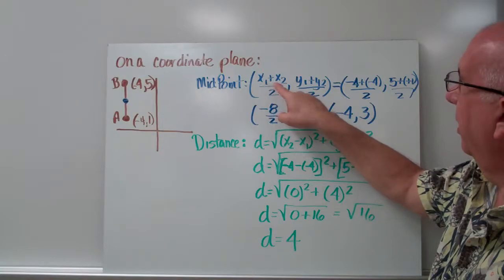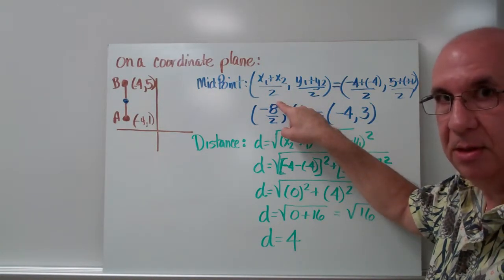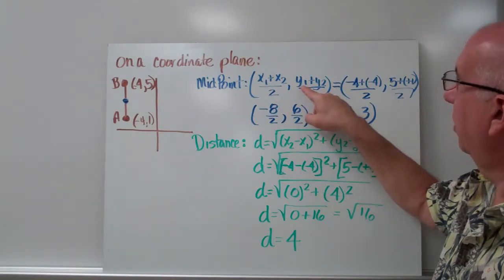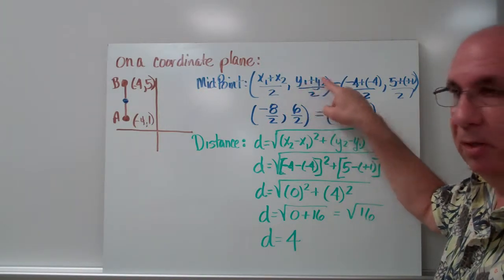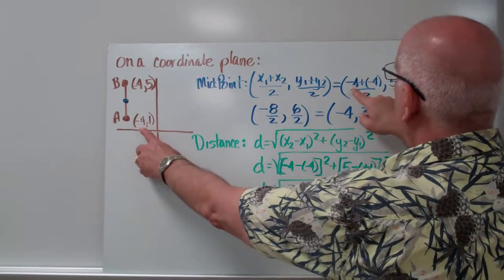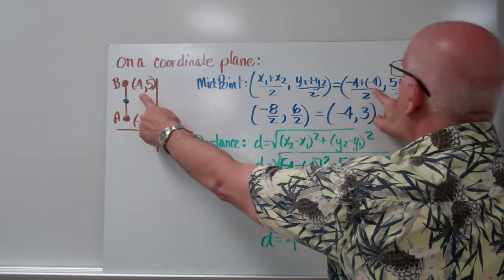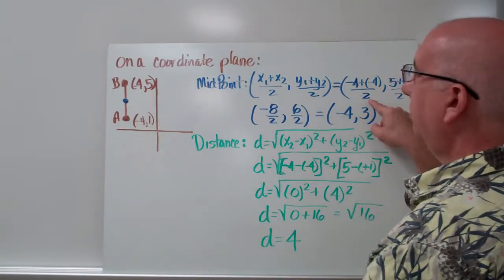That's x sub 1 plus x sub 2 divided by 2. That's the average of the x's. And I'm also going to find the average of the y's. Y sub 1 plus y sub 2 divided by 2. X sub 1 is -4 plus x sub 2, -4, divided by 2.